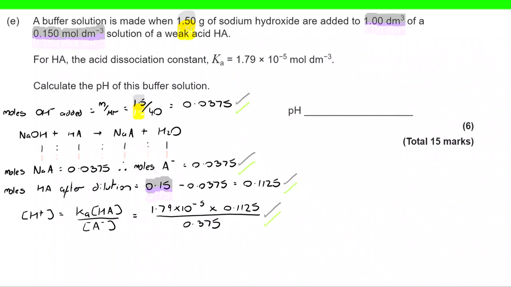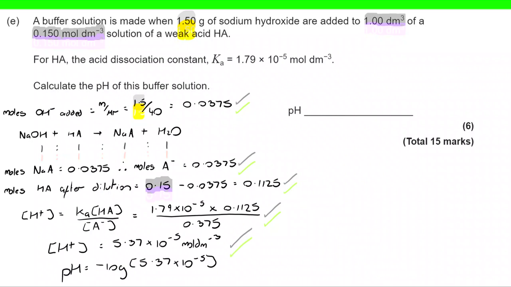It actually works in this case, specifically because the volume is 1 decimeter cubed. Otherwise, we would have needed to divide by volume in each case. We go through there and we get an H plus concentration of 5.37 by 10 to the minus 5. I then substitute that into my expression for pH, giving me a pH of 4.27.